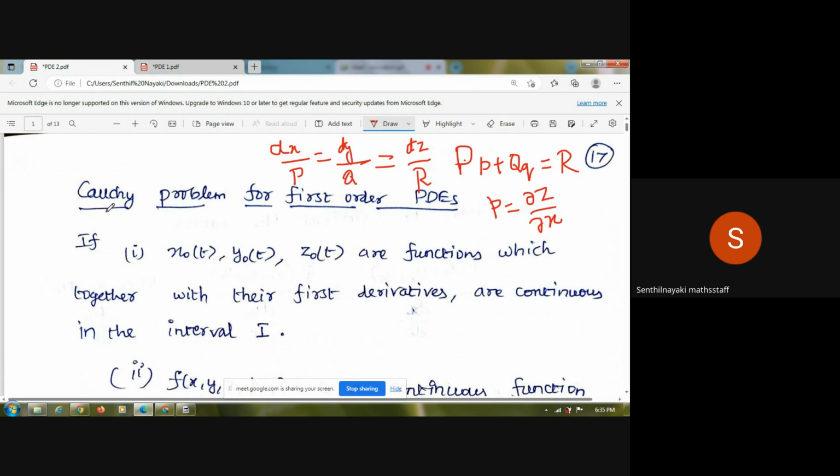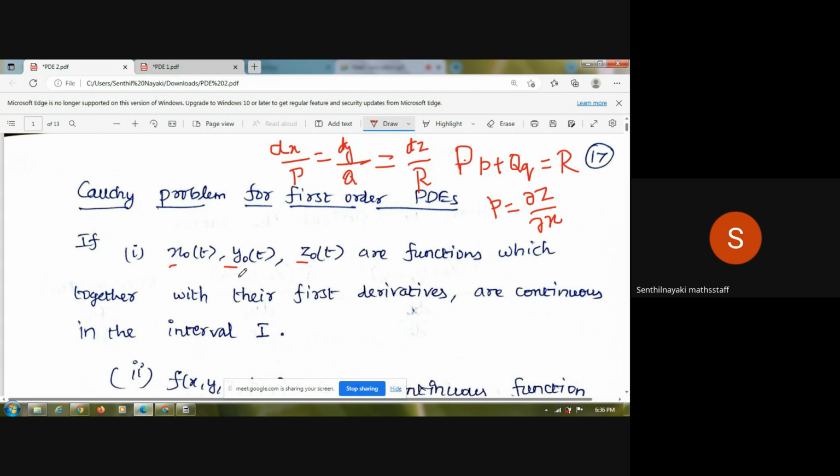The solution procedure for this Cauchy problem is almost similar to this Lagrange's problem, but small variations are made. That is, the Cauchy problem basically depends upon the parametric equations. Here x, y are independent variables, z is a dependent variable. First we have to find the initial values for all those variables: x naught, y naught, z naught.